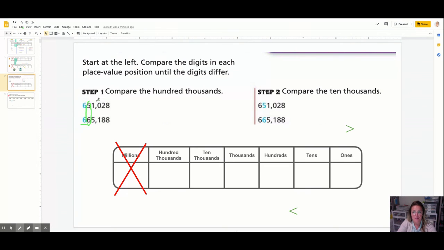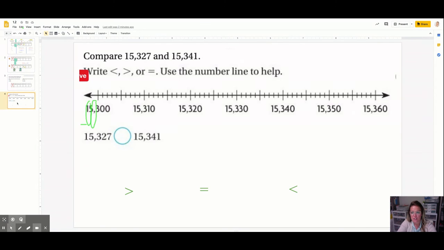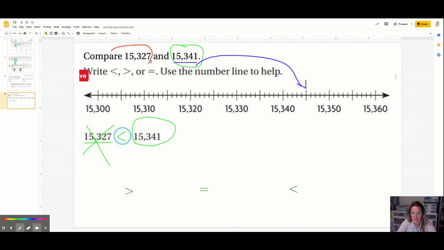Remember that if these were still the same, you'd go to the third place value, you'd move your way down. But the second you see that they are different, then you should be able to figure out which one is greater than and which one is less than. The third strategy you can use is drawing a number line and placing both of your numbers onto the number line to solve and visually see which one is greater than or less than.